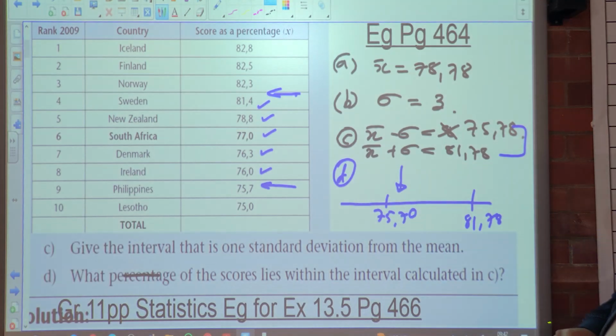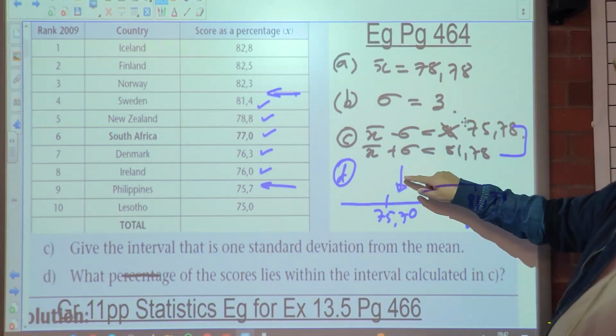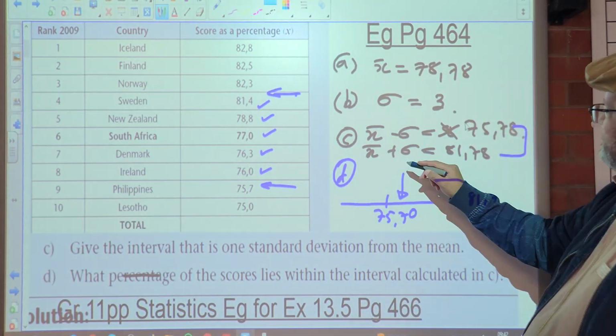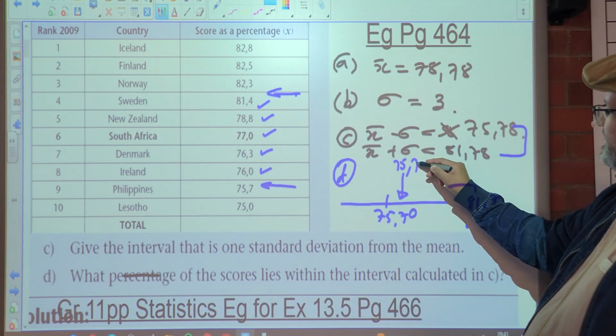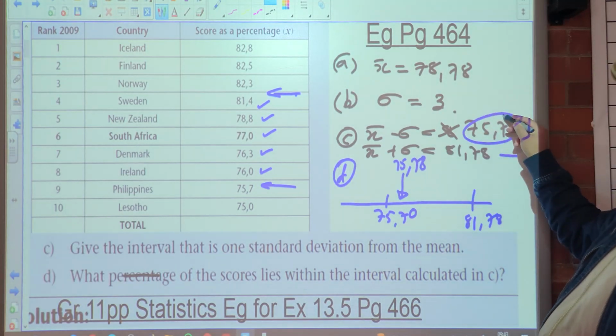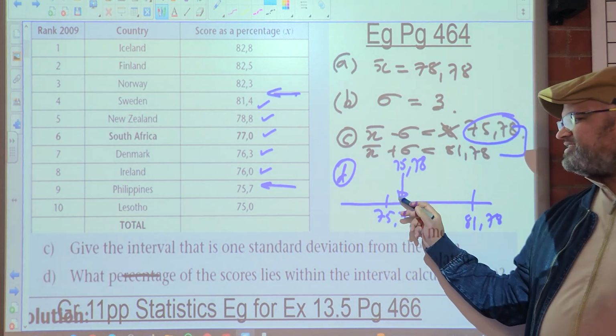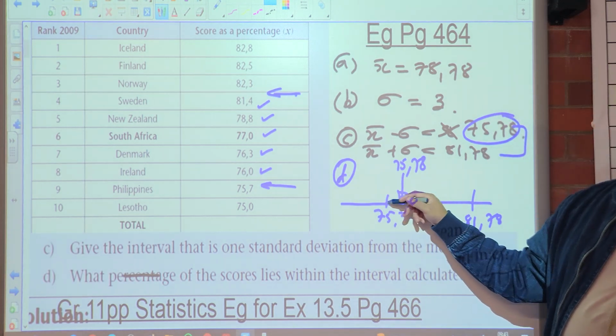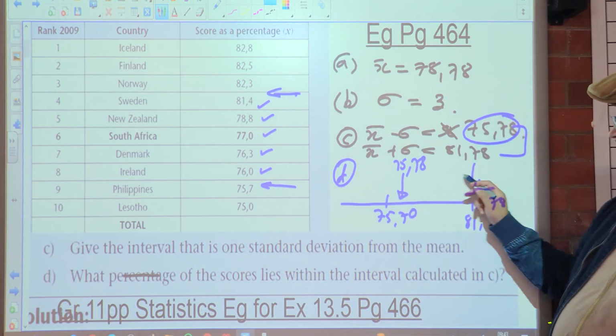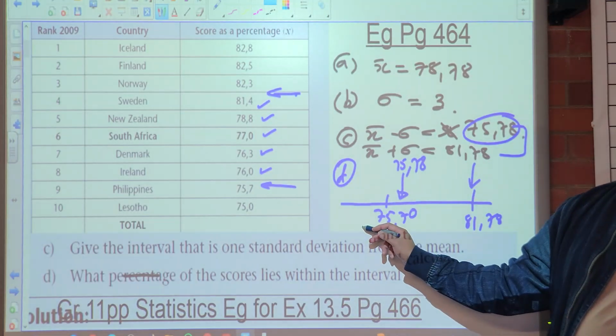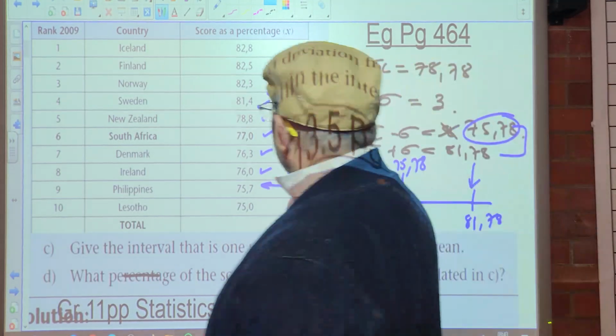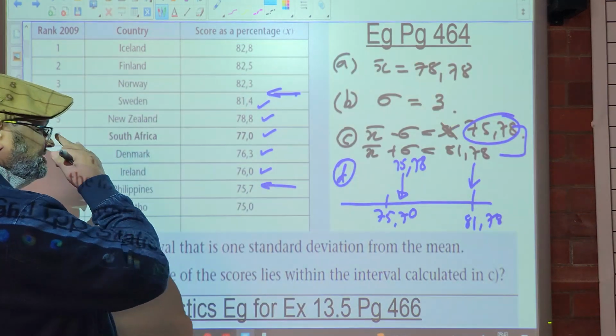You all agree? This here, sorry man, this is 75.78. This is this value. And then 75.7 is outside the data set. This is the range. That is less than. So that is outside. So it's 1, 2, 3, 4, 5.